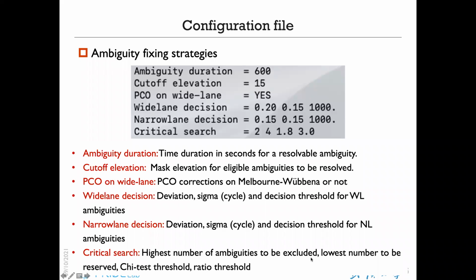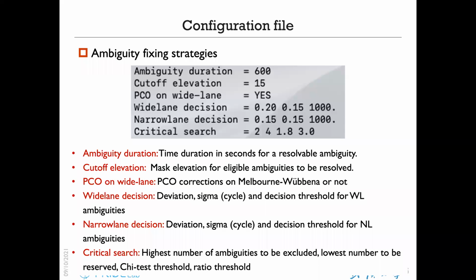For example, I have 10 ambiguities to be resolved, but sometimes it's not easy to resolve all of the 10 ambiguities. So then you can use some partial ambiguity fixing. We can exclude 2 of them, and only fix 8 of them, and that will make things easier. So you can successfully fix the ambiguities, and you get an ambiguity fixed solution.